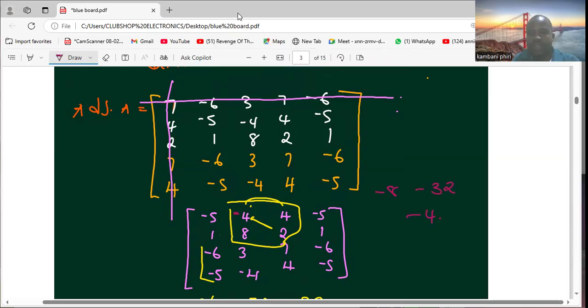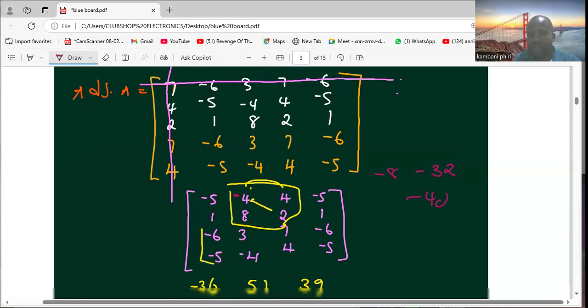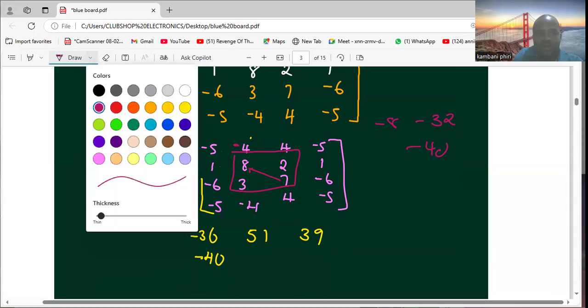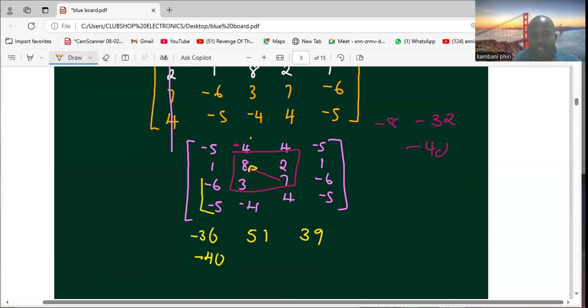So this one will give us -40. So we have -40. Then we go to these two. When you multiply 8 by 7, then minus 6, you are going to get 50.